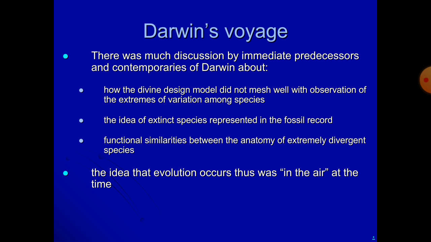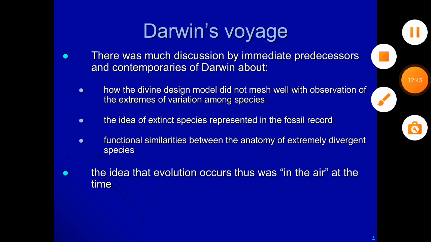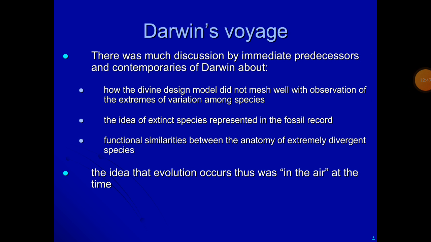There was much discussion by immediate predecessors and contemporaries of Darwin about how the divine design model did not mesh well with observation of the extremes of variation among species, the idea of extinct species represented in the fossil record, and functional similarities between the anatomy of extremely divergent species. The idea that evolution occurs was thus in the air at the time.